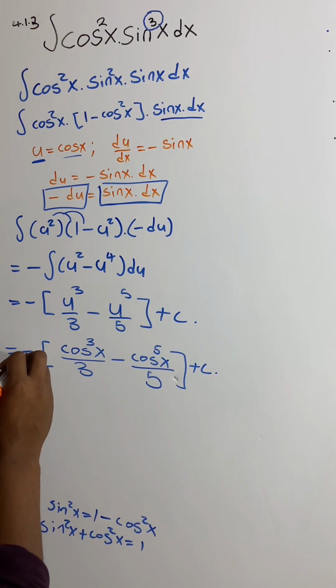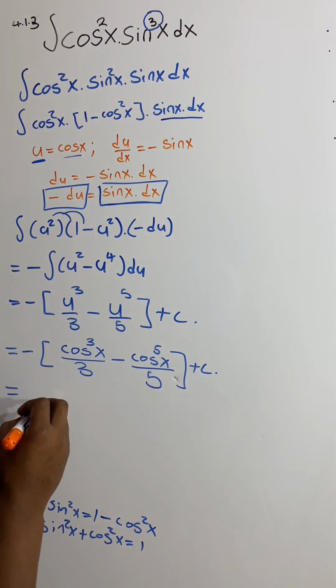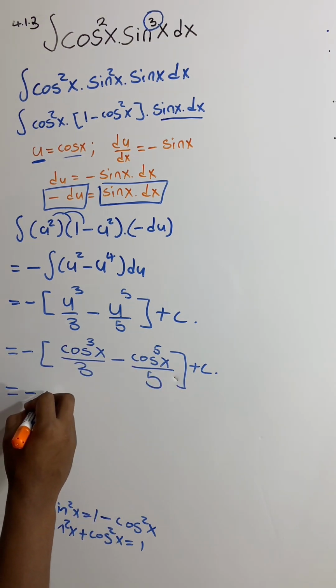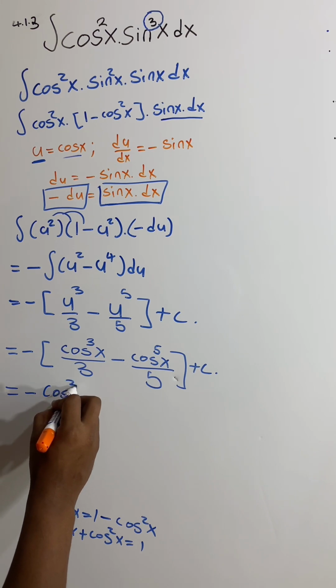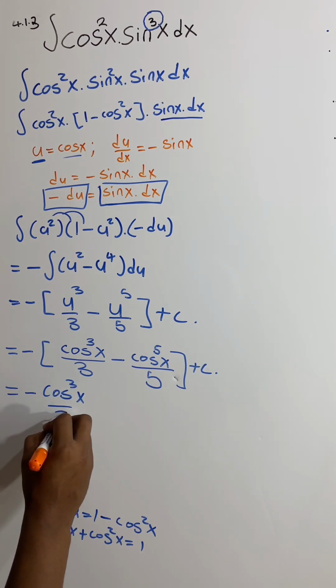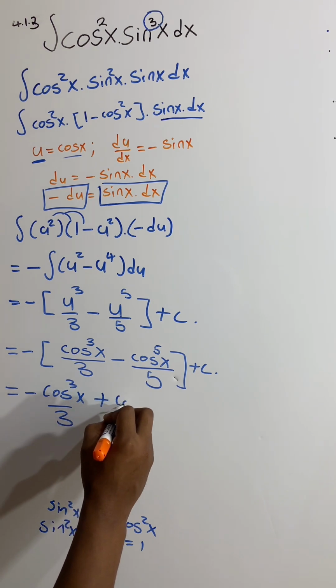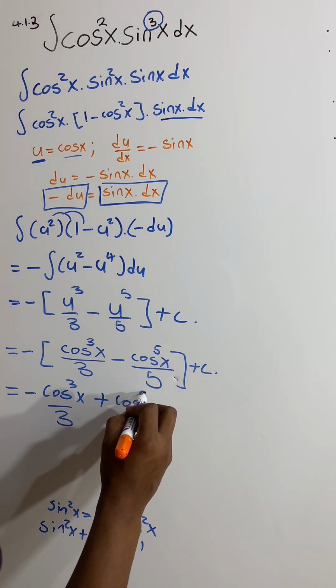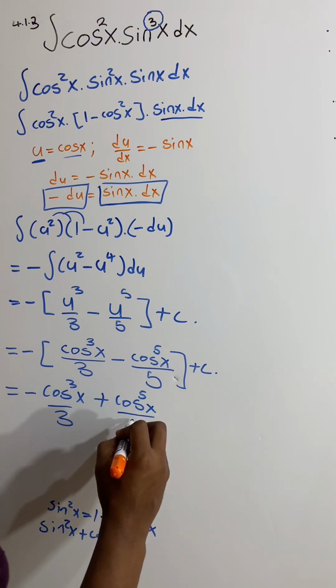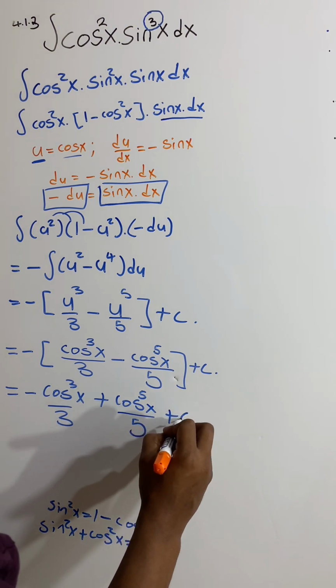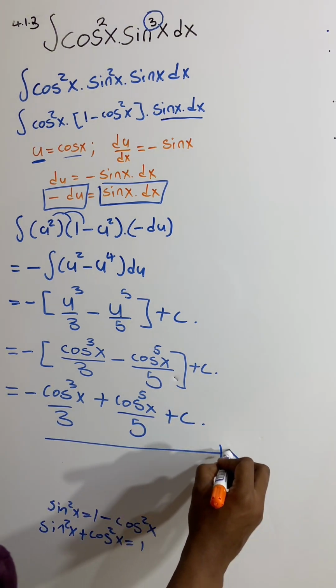From here, let's distribute the negative inside the parenthesis. So we'll have negative cos cubed x over 3. That negative multiplied by that negative will be positive cos to the power 5 x over 5 plus c, and this becomes our final answer.